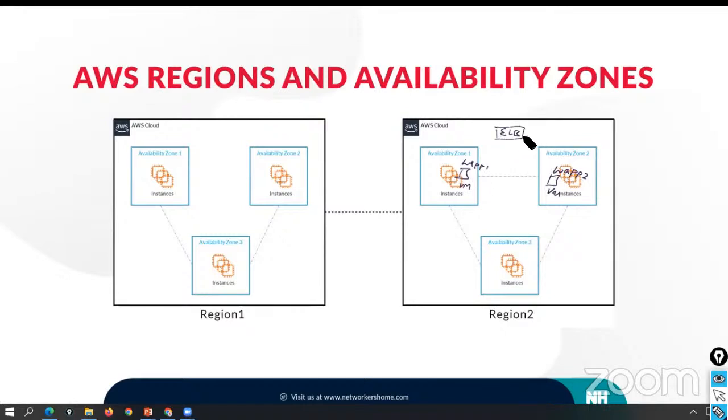ELB is the AWS managed load balancer, deployed across multiple availability zones to avoid a single point of failure. You connect your ELB to the internet and to the web app 1 and web app 2 servers. So now ELB can receive user requests and distribute them towards these web app servers. And ELB can do many things.